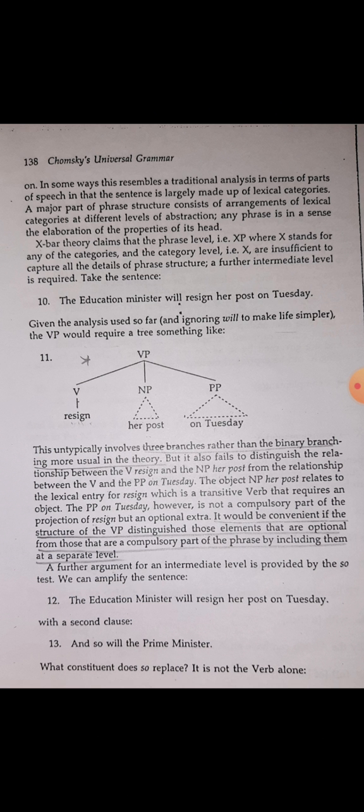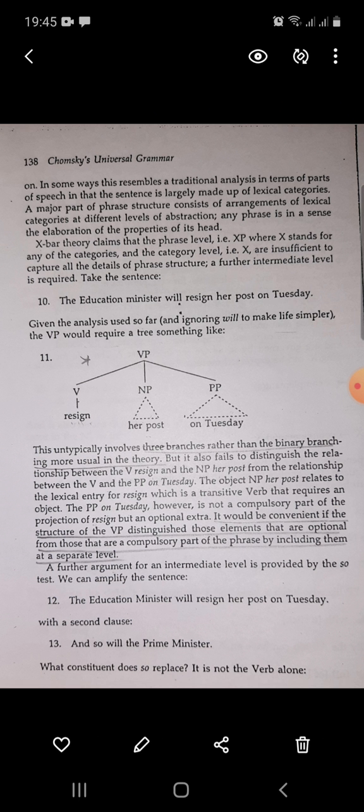If we just pick out the verb phrase resign her post on Tuesday, so resign is a verb. In resign her post on Tuesday, this verb phrase consists of three constituents. The first one is verb, that is resign. Her post is a noun phrase, and on Tuesday is a prepositional phrase.